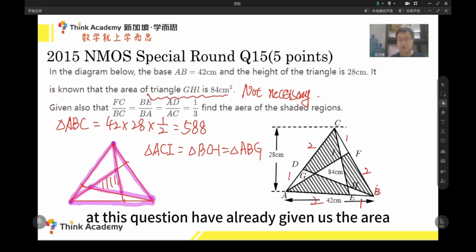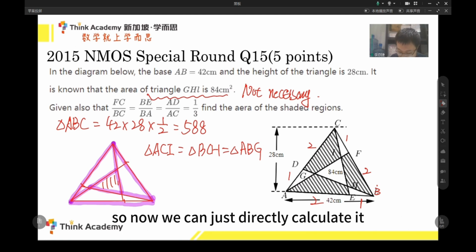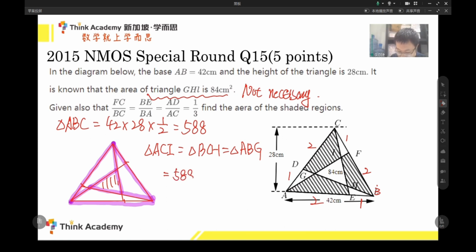As this question has already given us the area in the middle as 84, we can directly calculate it by using the whole area minus 84, then times 1/3, which makes it 168, right? So we find the areas of ACI, BCH, and ABG are all 168.